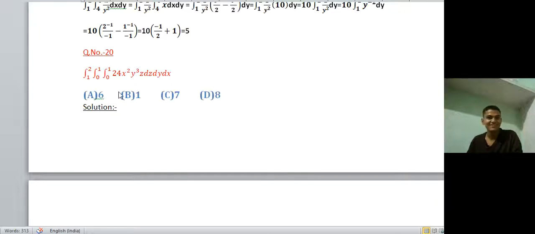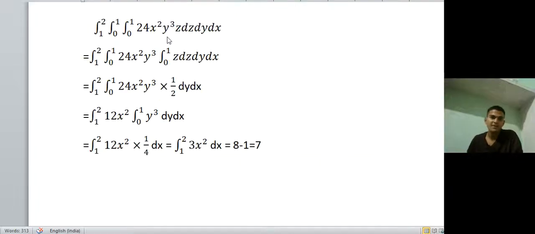You can win the challenges by practice. I have solved it here, and you can see the solution. Triple integration, and these are the limits, with 24x square y cube z dz dy dx.